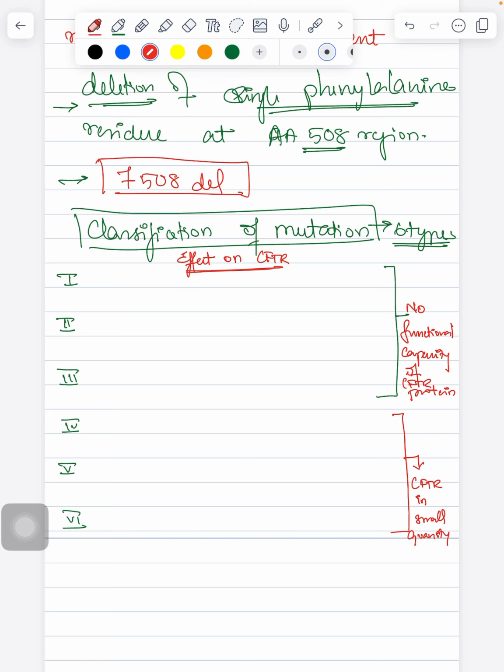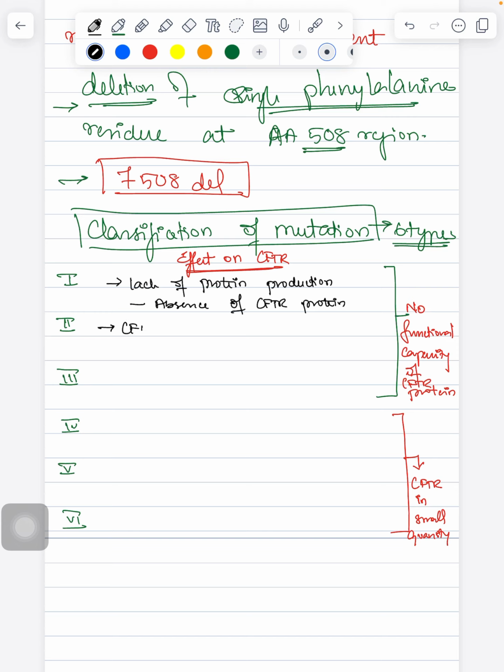First, in type 1, there is a lack of protein production, that is leading to absence of this CFTR protein, right? Next, in type 2, there will be a CFTR trafficking defect.